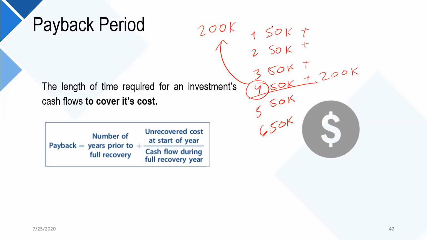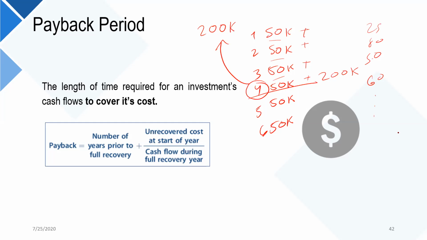Of course, sometimes you don't have conventional and straightforward cash flow values. So maybe you have 25,000, 80,000, 60,000, 50,000, whatever number. Analyzing the payback period is then not that straightforward.